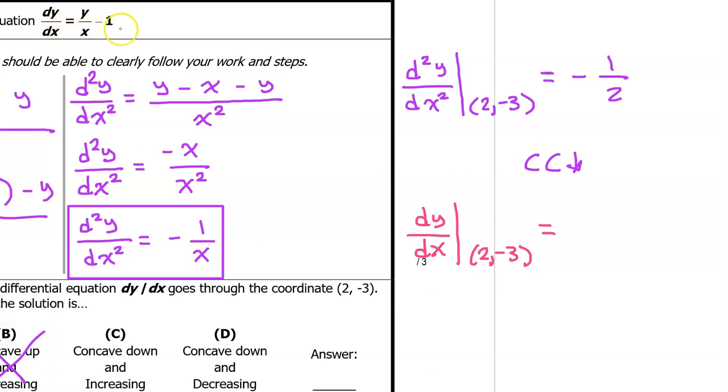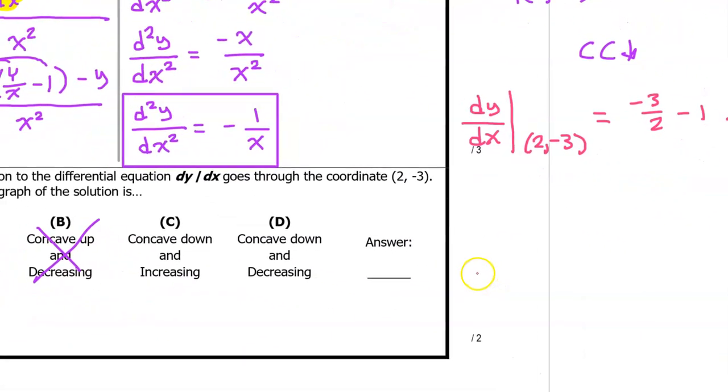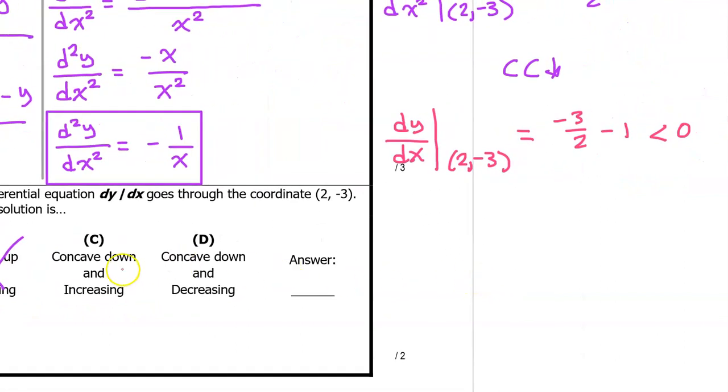It's y over x minus 1. So that's negative 3 over 2 minus 1. This is clearly less than 0. So that means since the first derivative is negative, the original function must be decreasing. So concave down and decreasing, the answer is D.